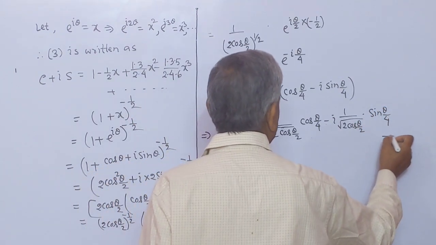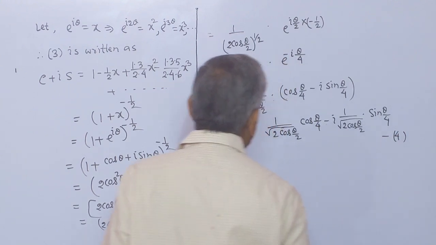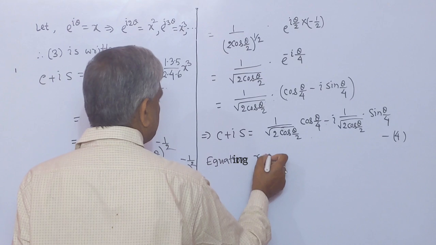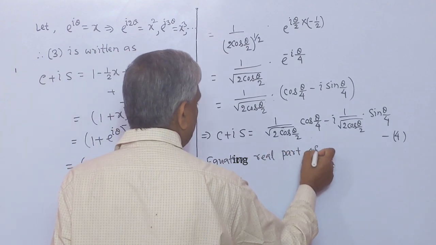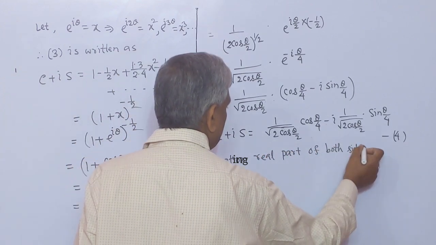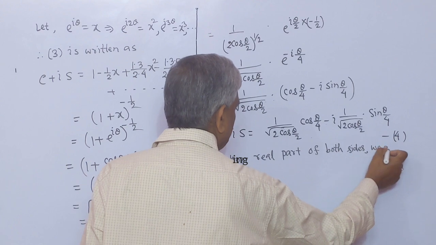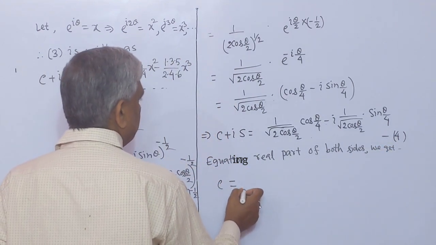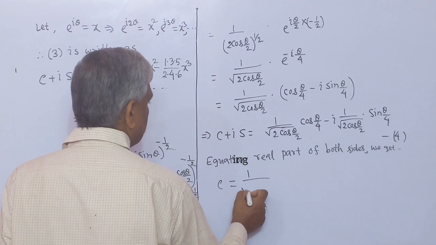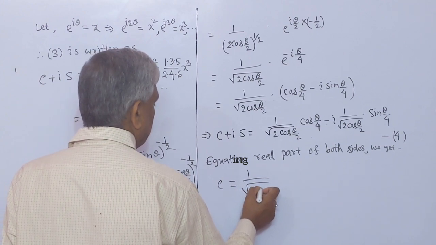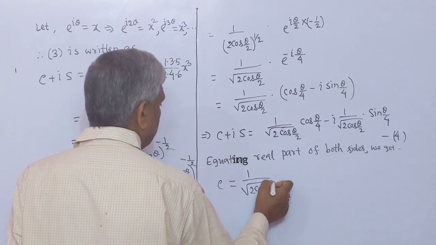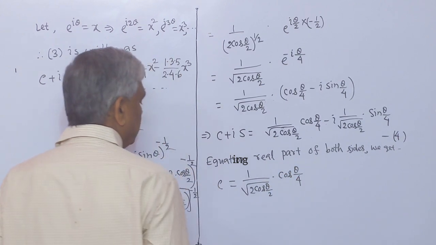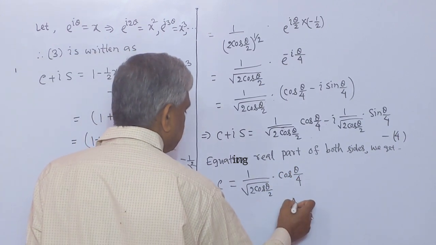This is number 4. Equating real parts of both sides, we get C equal to 1 by square root 2 cos theta by 2 multiply cos theta by 4, which is the required answer.